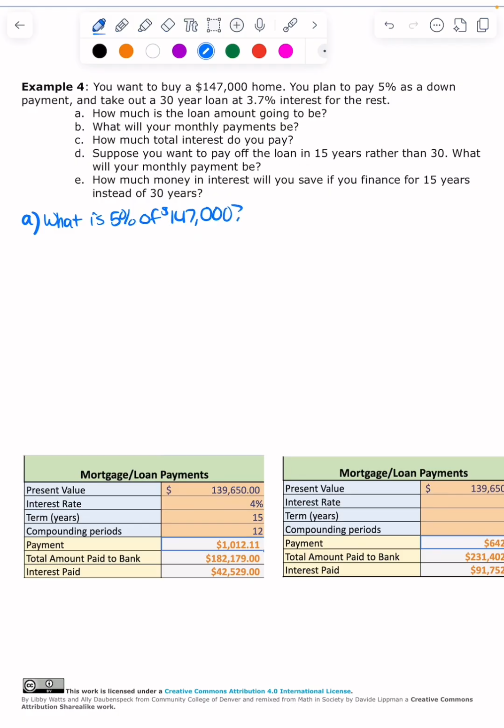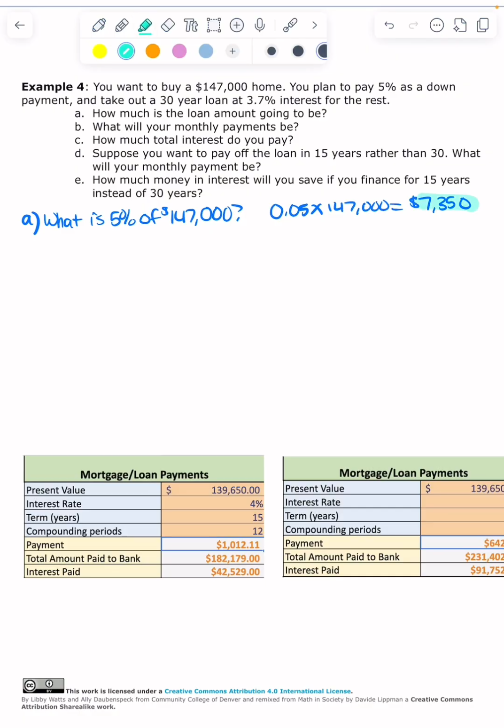So that's just multiplication, right? 0.05 times 147,000. And I'll do that real quick. So I got $7,350 is going to be the down payment.